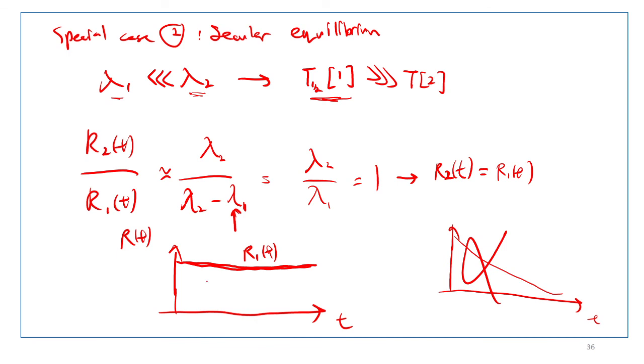So R2 will increase, and after some time it will follow exactly the same as the parent. So this is R2 of T. This is special case number 2, which is called secular equilibrium.